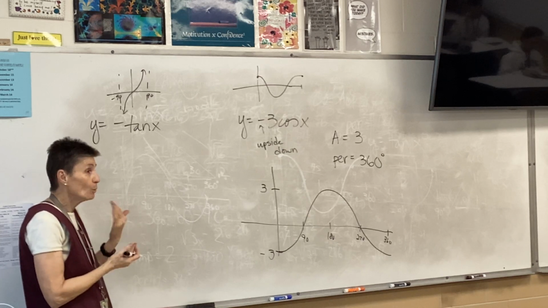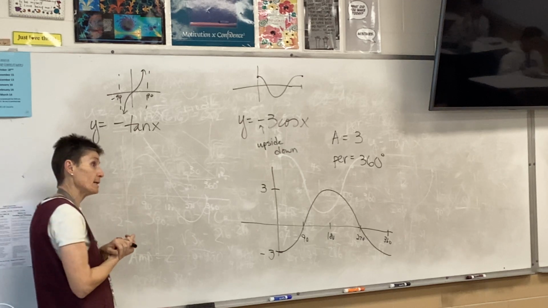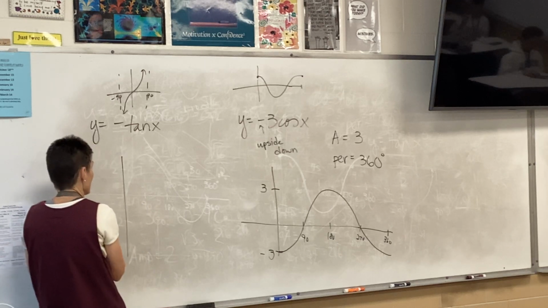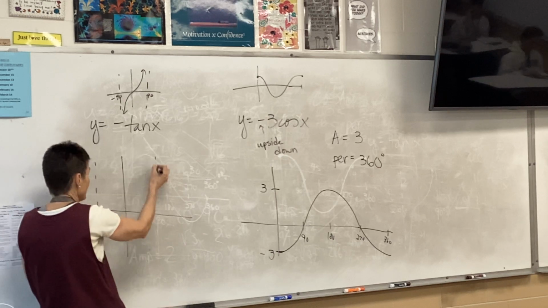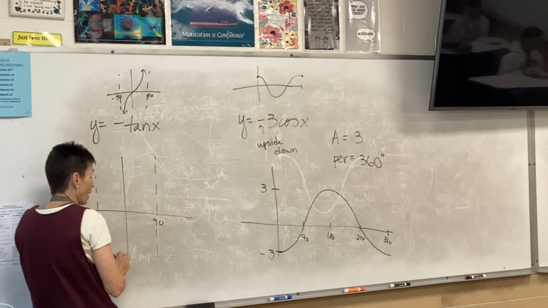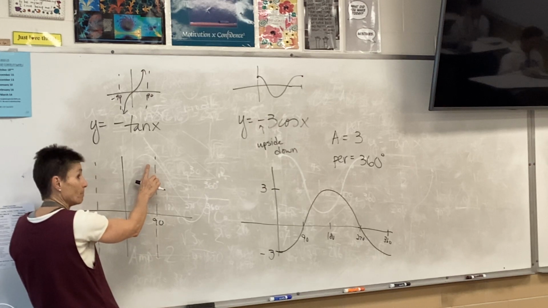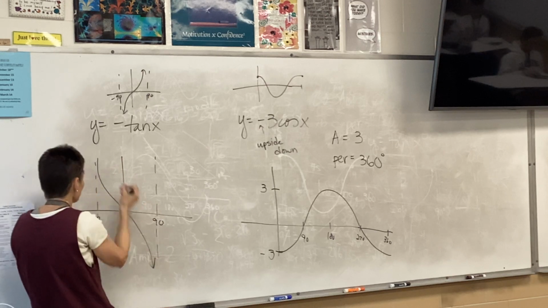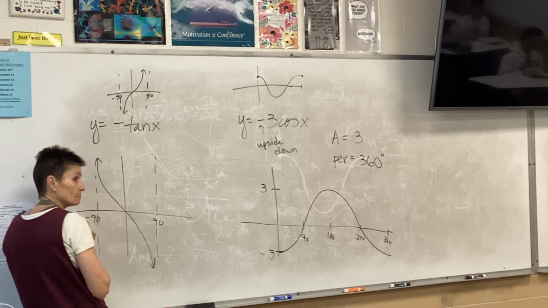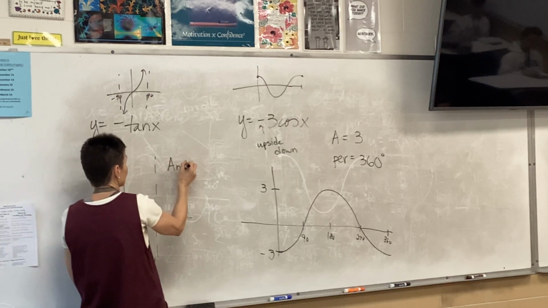Now, what am I doing to my tangent in this problem? I'm turning it upside down. So the asymptotes are still at negative 90 and 90. But instead of being an increasing function, instead of going up, it is going to come down. Done.